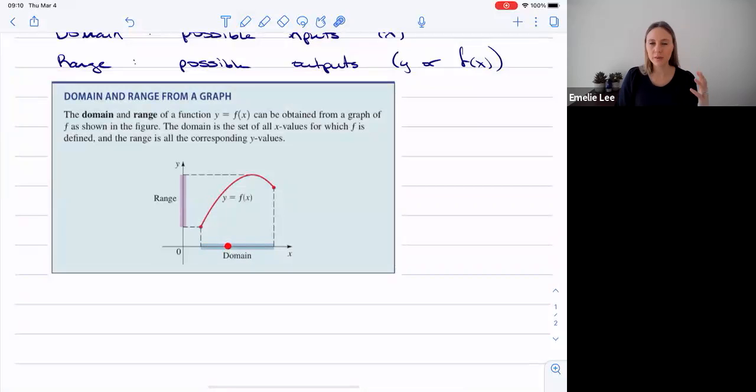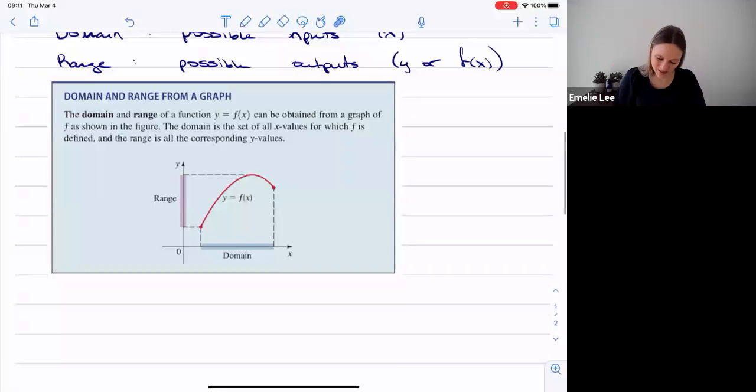Domain is all the possible inputs that we could have, making sure you're not dividing by 0 or taking the even root of a negative number. And then the range can be a little bit trickier to think about because it takes into account the domain. So if you're looking at the domain, what possible outputs can I get from that domain? And that'll be the range.